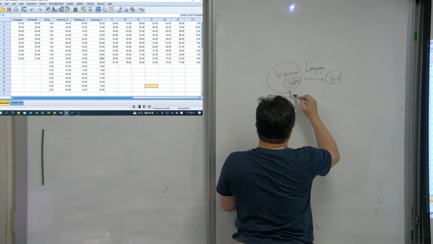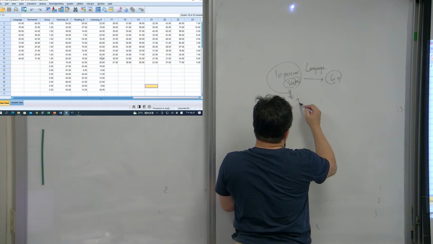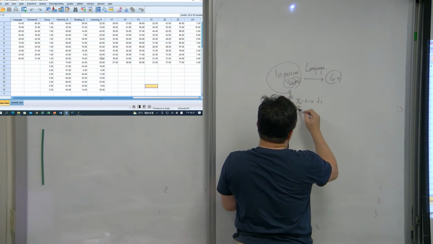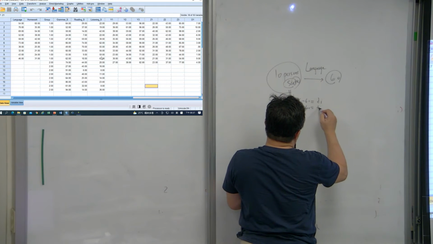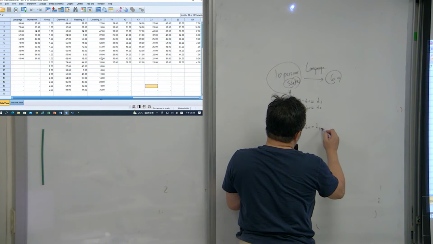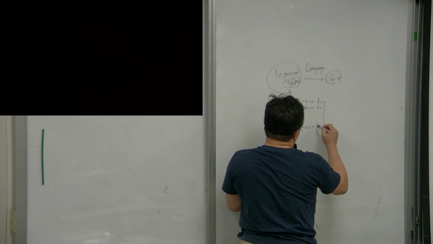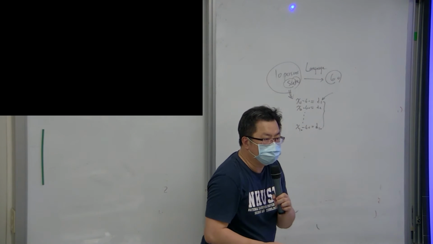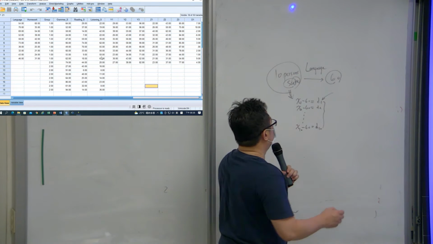Then we got a result. First one, minus 60. Second one, minus 60. And the last, the 10th, minus 60. We use this. This is what we call deviation.